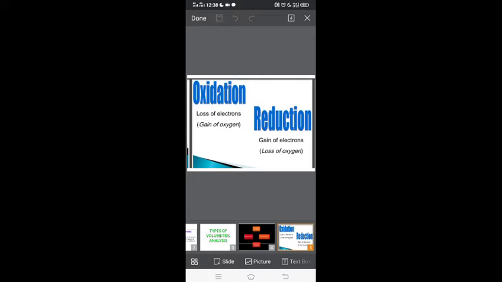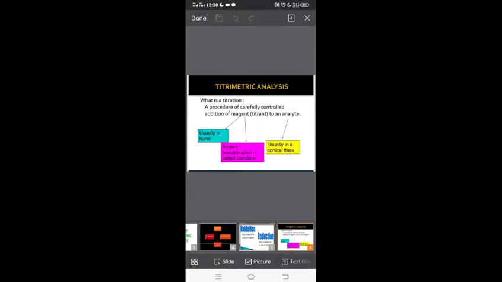Now here in the titrimetric analysis, what we are going to do is titrate. Titration is a procedure of carefully controlled addition of the reagent, that is your titrant, to the analyte. Okay children, the analyte, as mentioned on the screen, is usually in a conical flask and its concentration is unknown.